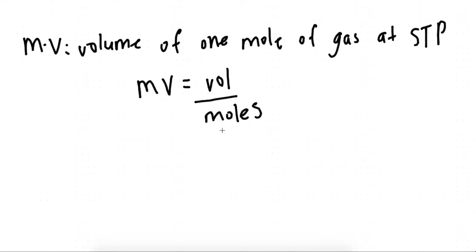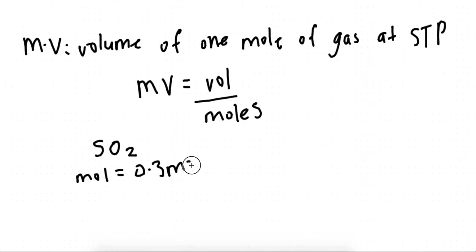So first question, what is the volume of 0.3 mole of sulfur dioxide gas at STP? Now, this is sulfur dioxide, so the chemical formula for sulfur dioxide is SO2. We have the mole of this, mole equals 0.3, and we want to find the volume.